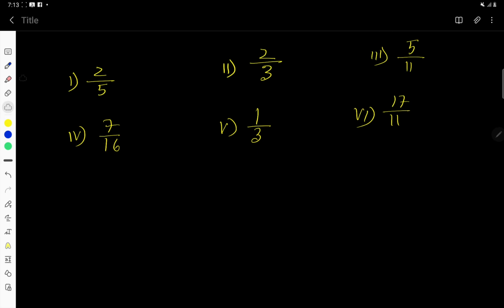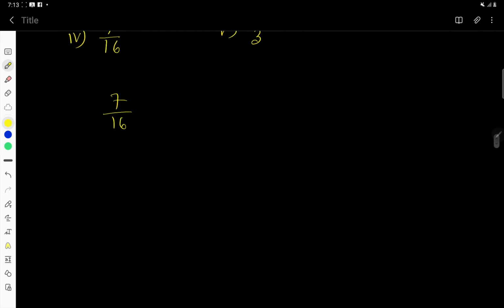Now try for this example, 7/16. So divide the number 7 by 16. 16 goes into 7 how many times? Actually 0 times.